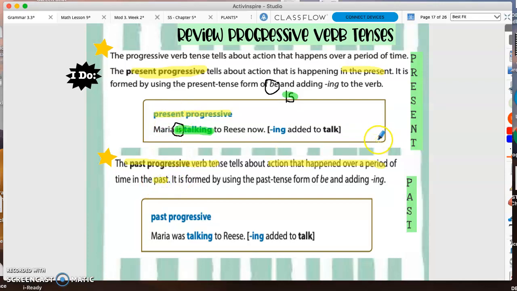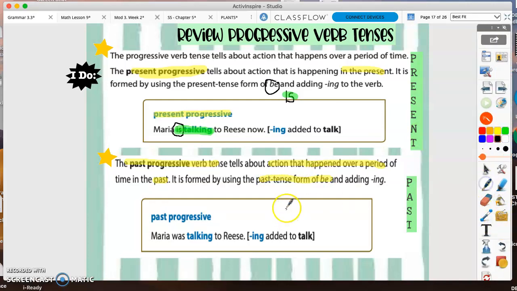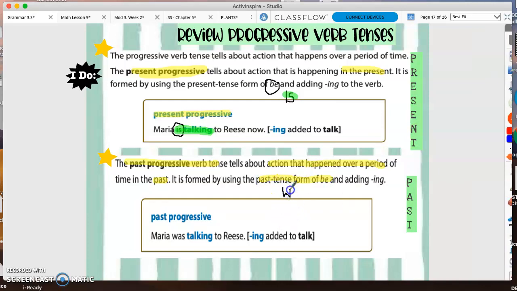Okay, and it is formed by using the past tense form of be. The past tense form of be is was. So you want to keep an eye out for that word was, because that's going to give you a clue to what your past progressive verb is. Okay? So it's was plus your verb with ing.